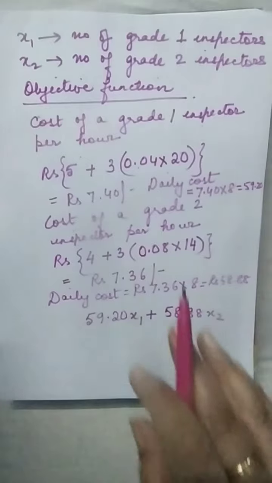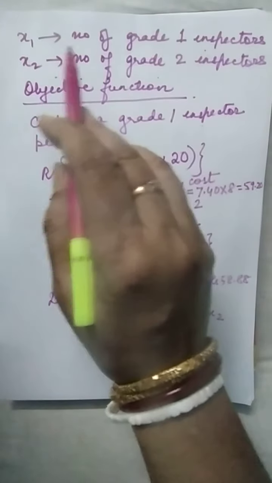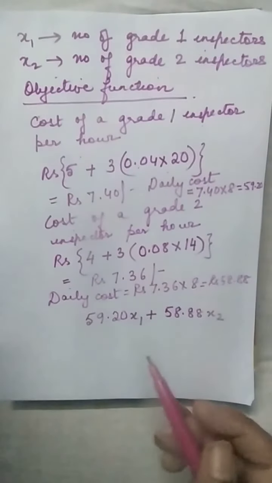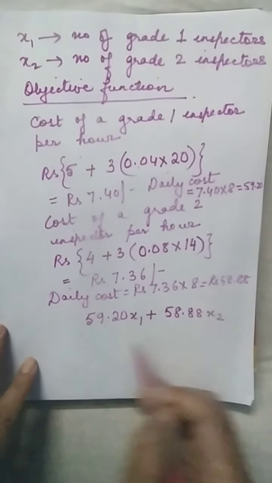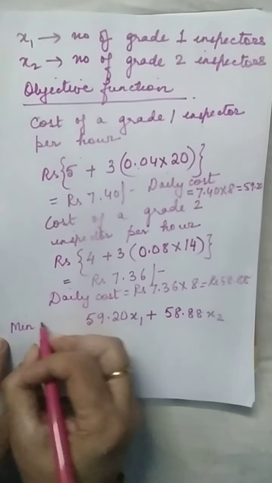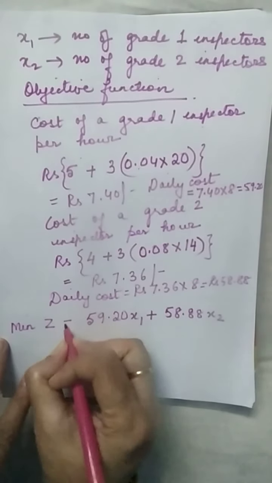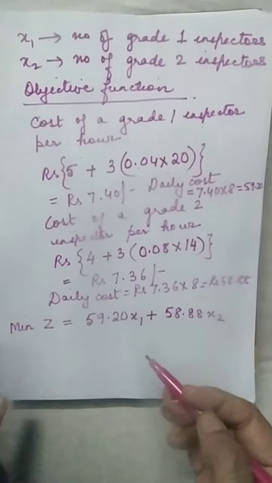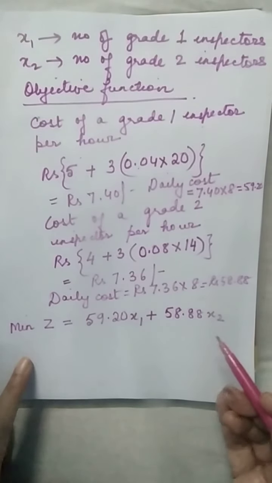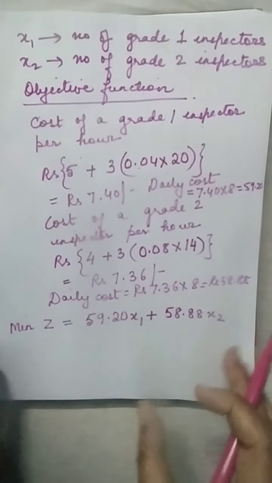Why did we say that? Because right in the beginning we assumed x1 grade 1 inspectors and x2 grade 2 inspectors. So this has to be minimized: minimize z equal to 59.20 x1 plus 58.88 x2. This becomes my objective function.